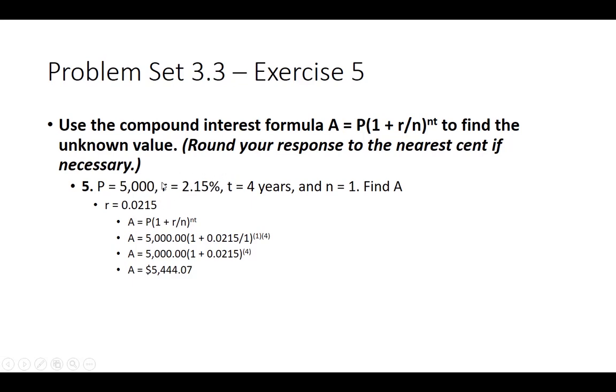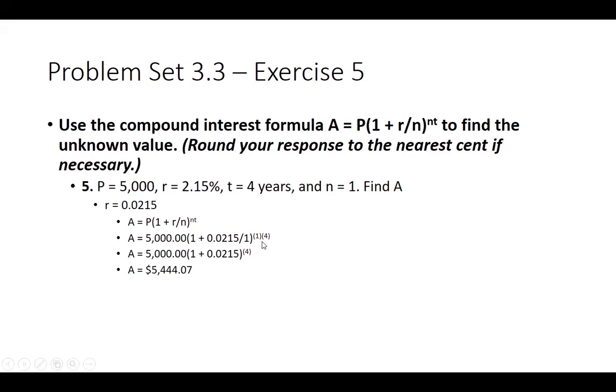Rate is given as a percentage. Change it to a decimal. 2.15% becomes 0.0215. Plug that in for R. Plug 1 in for N in both places. Plug 4 in for T. Plug 5,000 in for P.